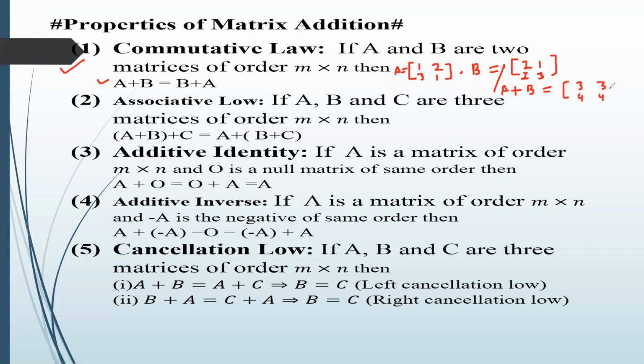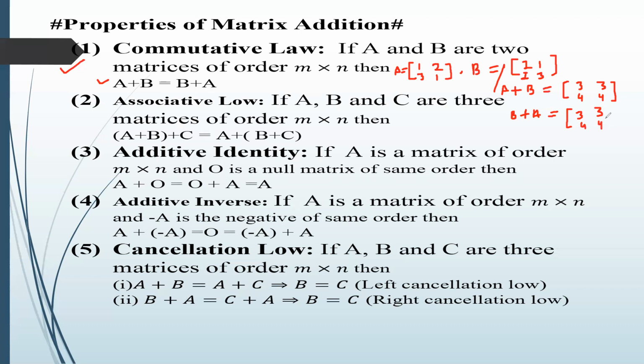Also we find B plus A. So 2 plus 1 is 3, 1 plus 2 is 3, 1 plus 3 is 4 and 3 plus 1 is 4. It means both are equal. It means we can say in a commutative law A plus B is equal to B plus A. So is that clear?